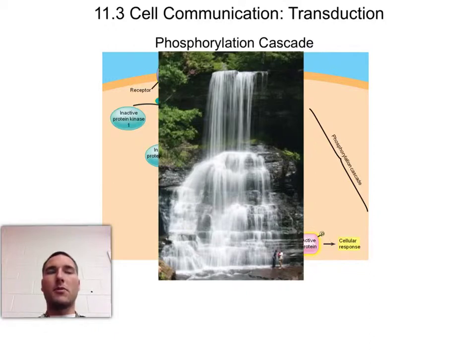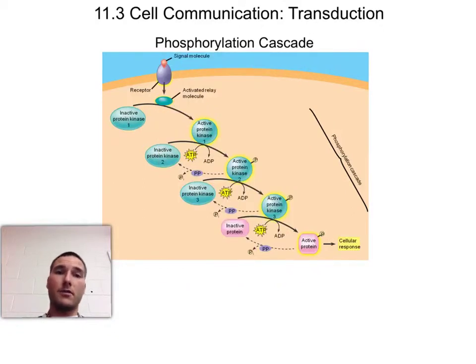It's going to be more like this one if we're using the term cascade, where the water is dropping from one level to the next, to the next, hitting a rock and then bouncing to the next rock down and the next rock down. That's a cascade, and this is kind of how this type of transduction pathway looks if we draw it out, where activated molecules are bouncing to the next activated molecule, to the next one, and the next one, and so on.